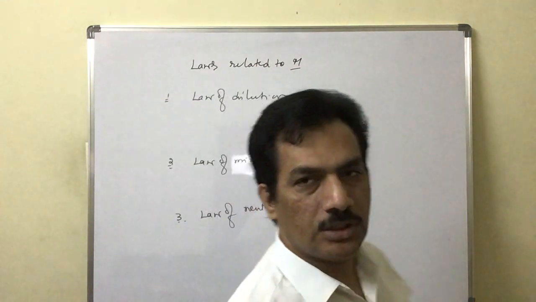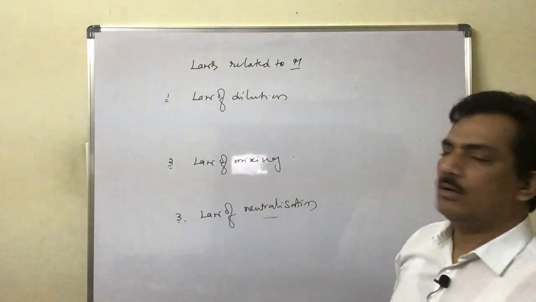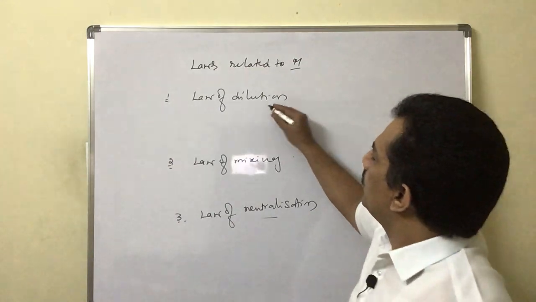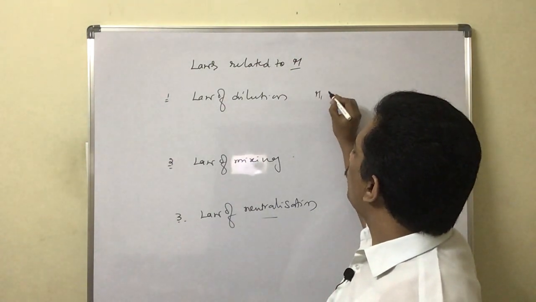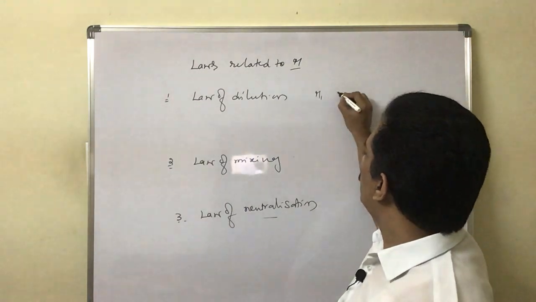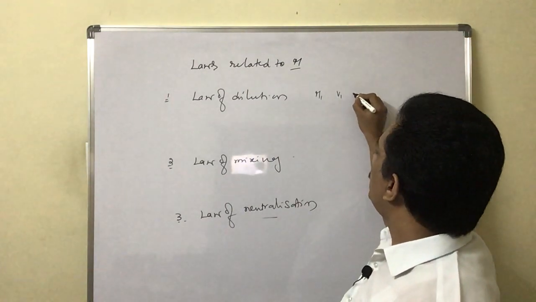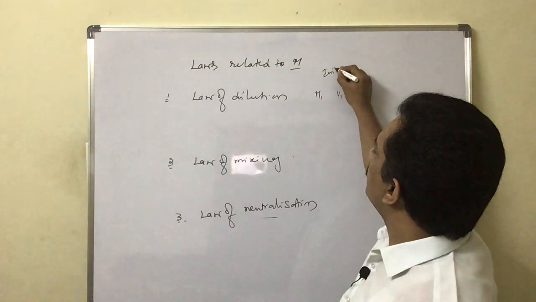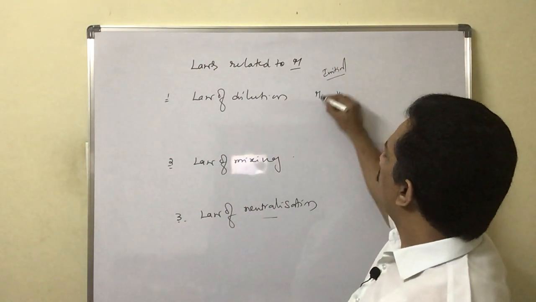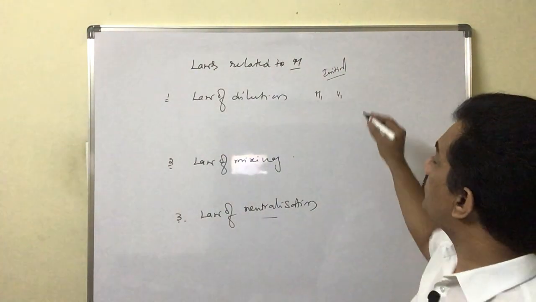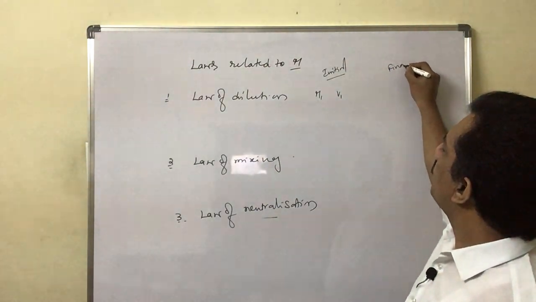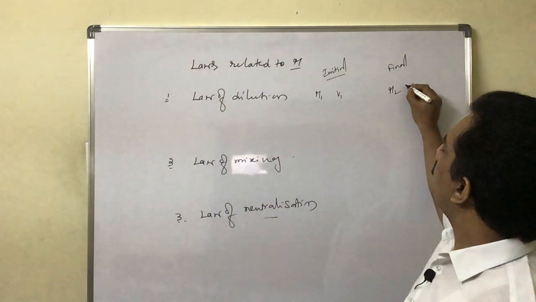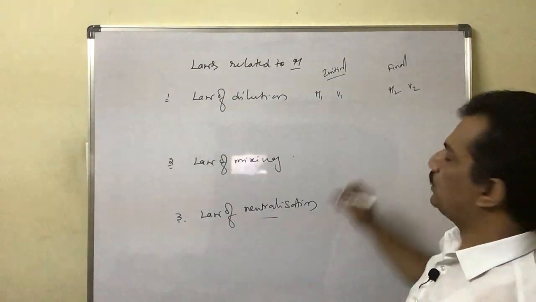Actually here let us have the formulas with molarity. Law of dilution: if an M1 molar solution with V1 volume, its initial molarity and volume, is diluted to V2, its final molarity changes to M2 and final volume is V2.